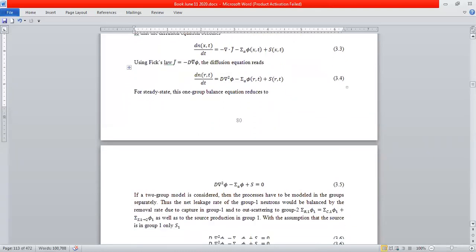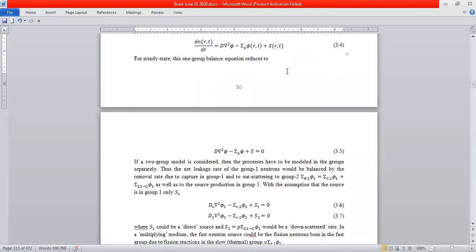Let's look at the steady state equation. The steady state, I'm going to put dN by dt equal to 0. So I get what is called the steady state one group neutron diffusion equation with a fixed source in here. So here, what we assume is that the energy does not change.